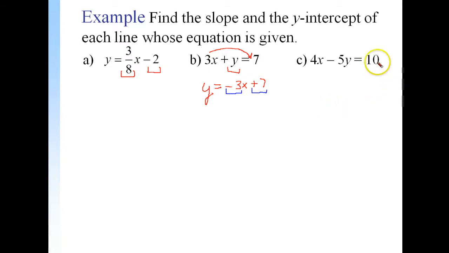Now, again, there's a couple of ways to solve for y in letter C. I like to keep my y's positive, so I'm going to transpose the y to this side, which is okay. Now it's positive. And I have to transpose the 10 to this side, where it becomes negative. Now I'm going to divide everything by 5.